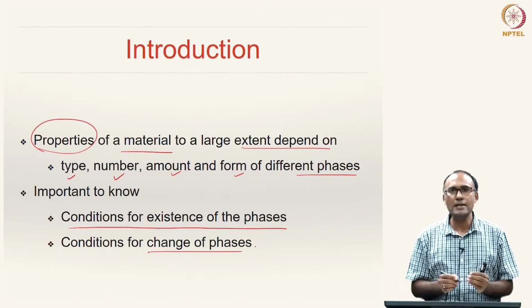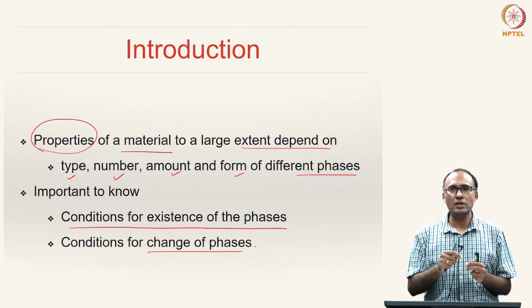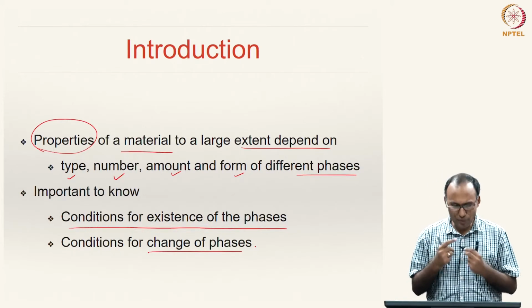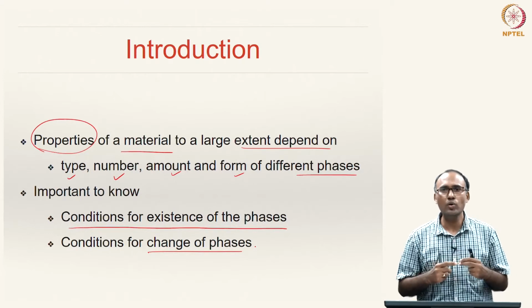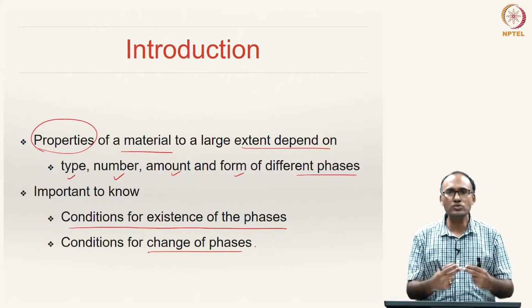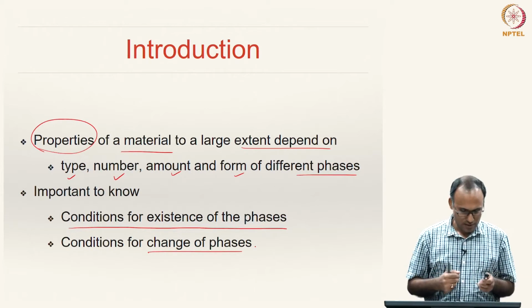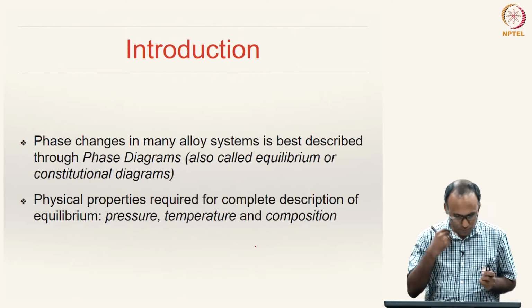So, you got some phase, and what are the conditions under which a particular phase changes to some other phase. This information is something that one needs to know in order to be able to use the alloys with the utmost efficiency.